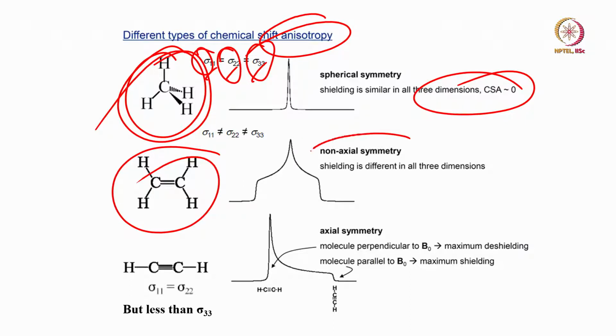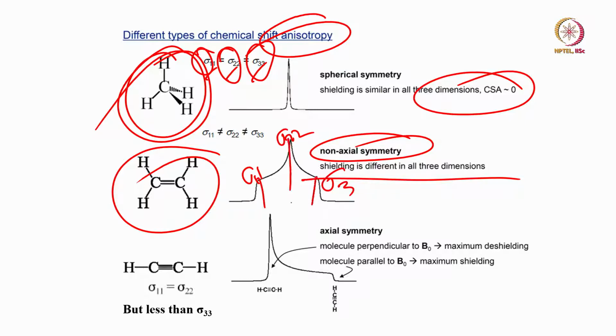If there is no axial symmetry, the shielding in all three possible directions is different. You have sigma 1, sigma 2 and sigma 3, all present. These correspond to the three principal components of the chemical shielding tensor. So that is a molecule which has a non-axial symmetry; all three components of the chemical shielding anisotropy tensor are present.